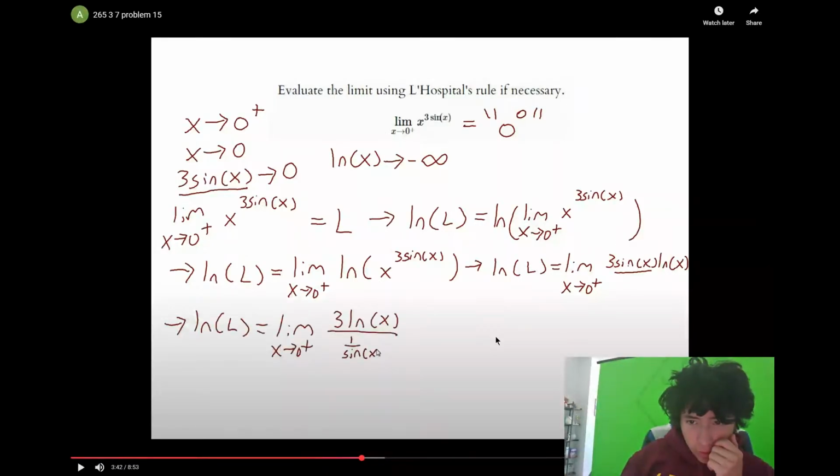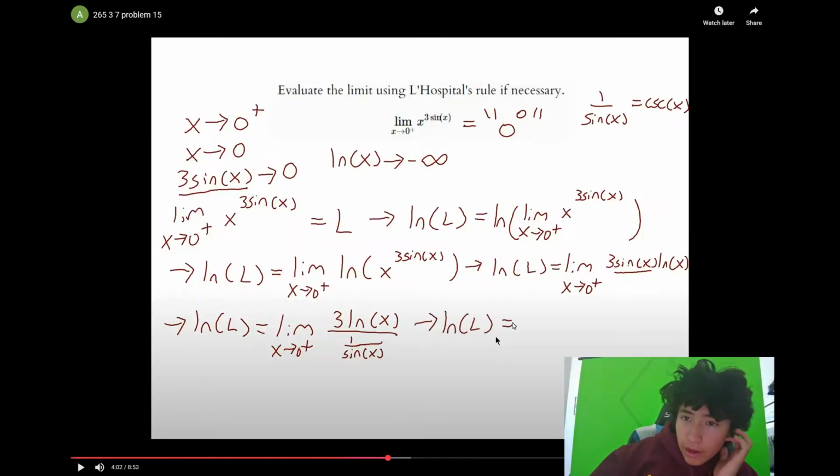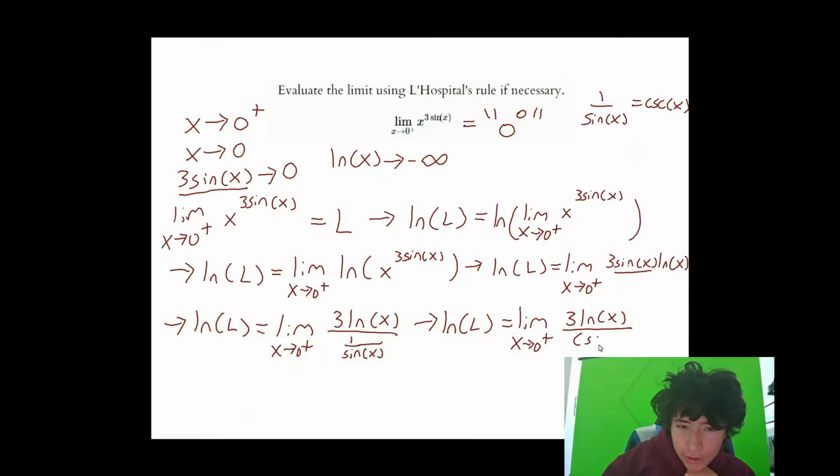Then what? Oh, you put it in a quotient. 3 times natural logarithm of x, and then you put 1 over sine of x, which is equal to cosecant of x. Hopefully we don't have to do the derivative again, but we probably will. 3 cosecant of x.